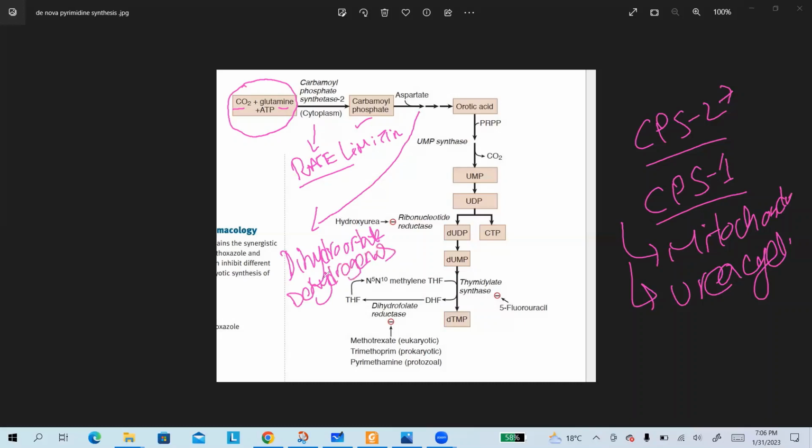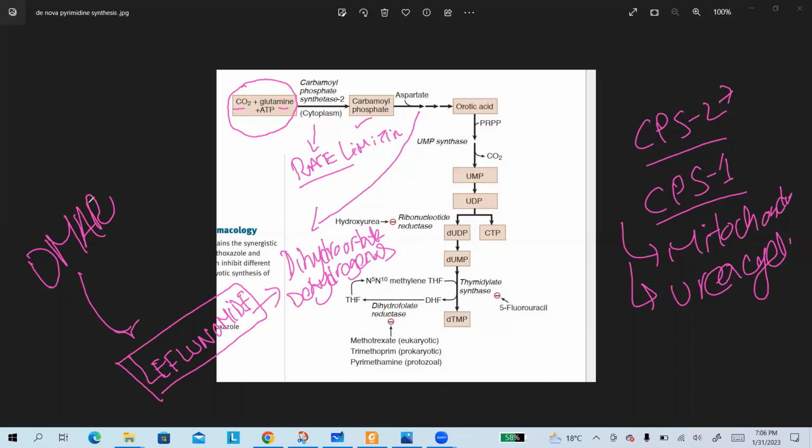This enzyme is inhibited by a drug called leflunomide, which is a class of DMARD, disease modifying antirheumatic drugs. So this drug is used in rheumatoid arthritis.